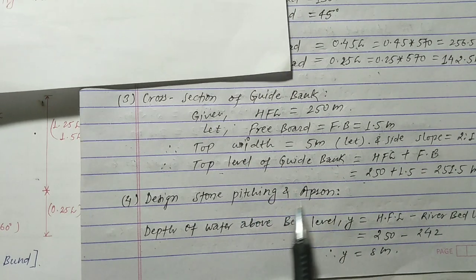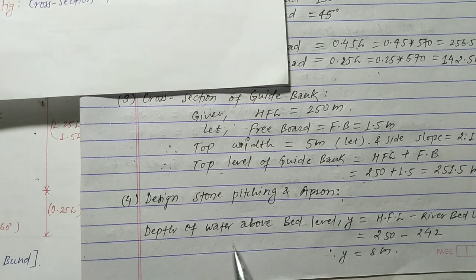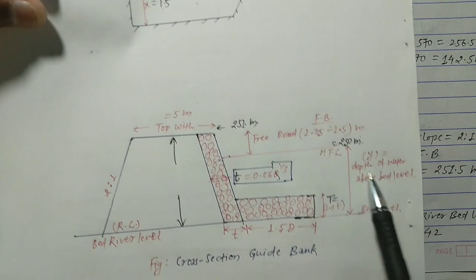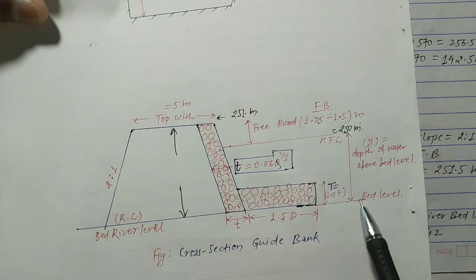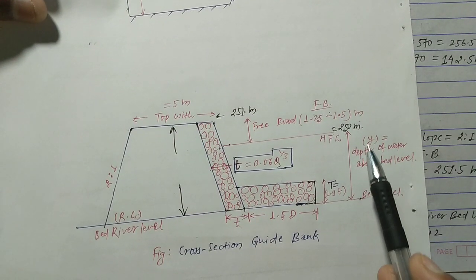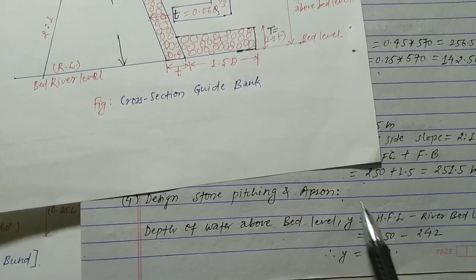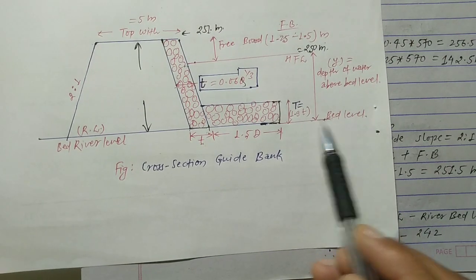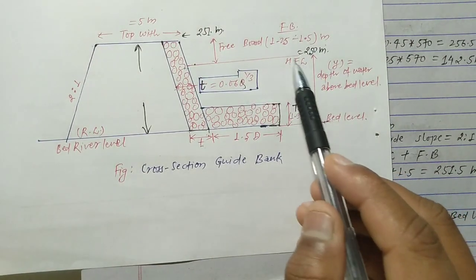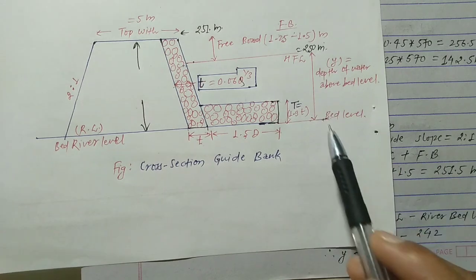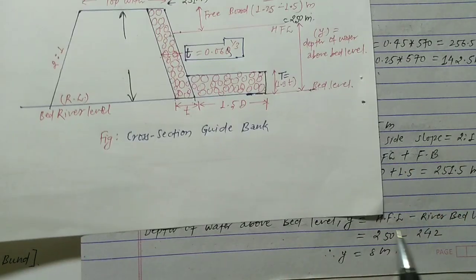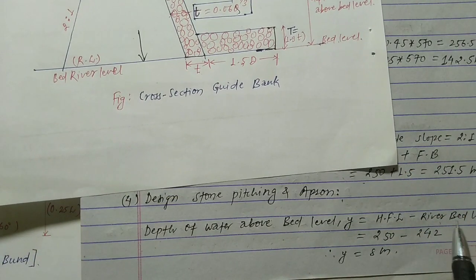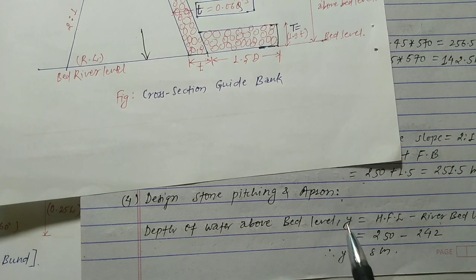Now we have to design the stone pitching and apron. So the depth of water above the bed level, this value y, we can simply calculate by subtracting the river bed level from the HFL. Okay, so after subtracting this river bed level we get the value of y.